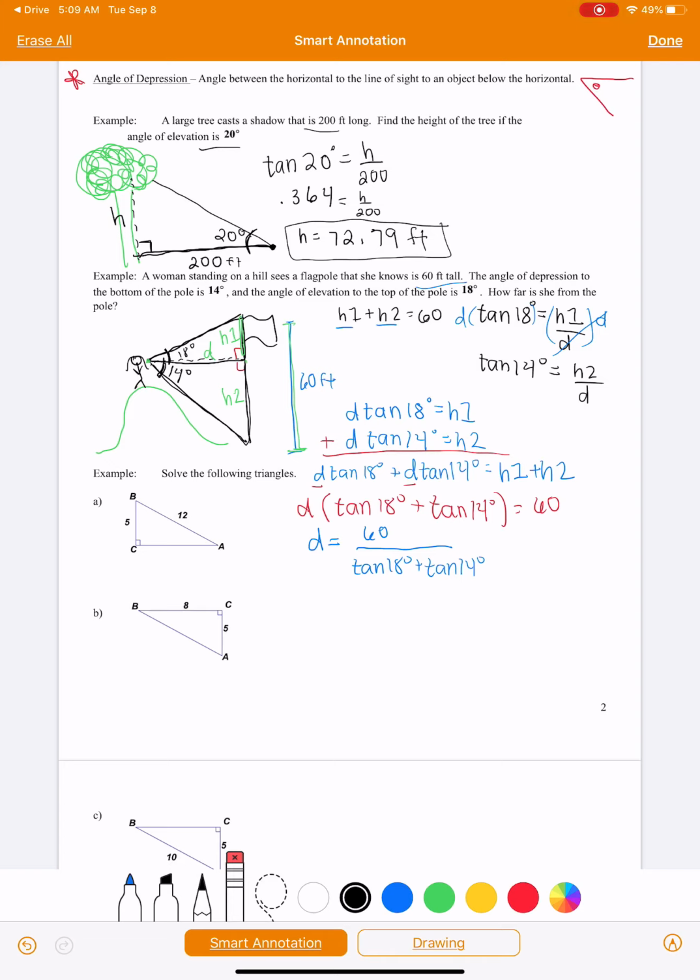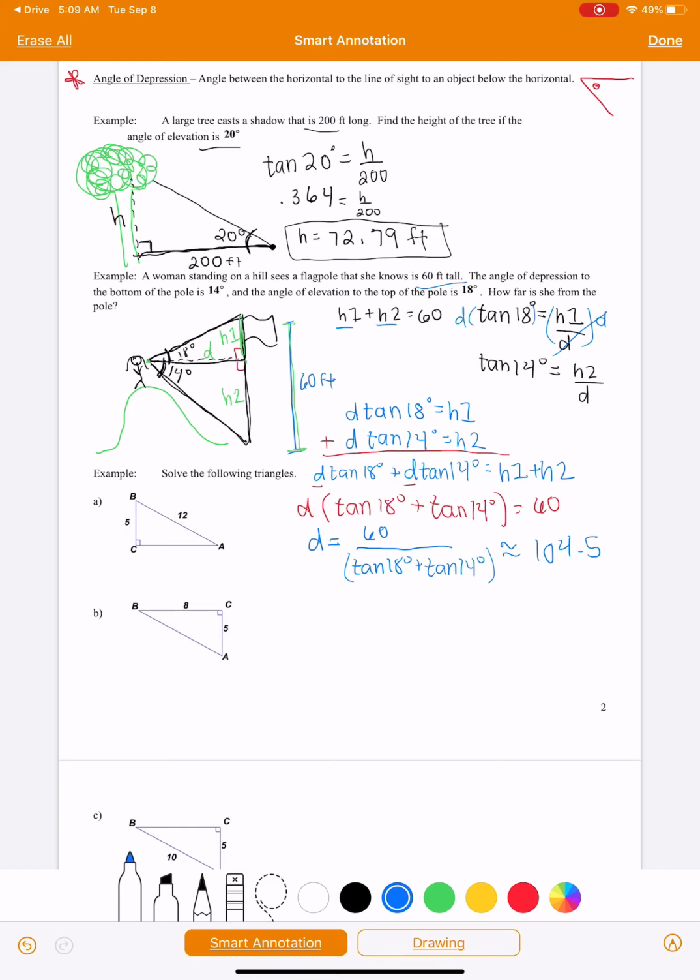Okay, so if I do 60 divided by, and then in the denominator, make sure to put parentheses around your tangent 18 plus tangent 14, we're going to get about 104.5.